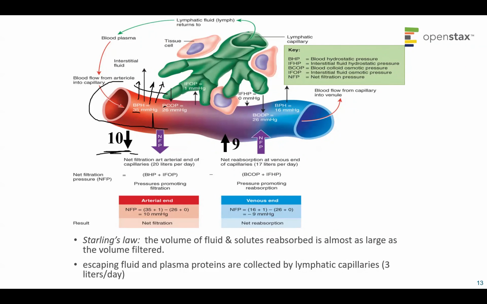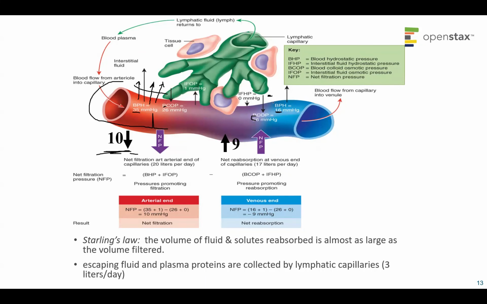Okay, so when it's going out, what happened is that because the pressure was higher, the pressure becomes lower. It's about maybe 16 now. It's lower, and the pressure of the cell over here, the tissue, is 26. So you can see the pressure outside is now higher.